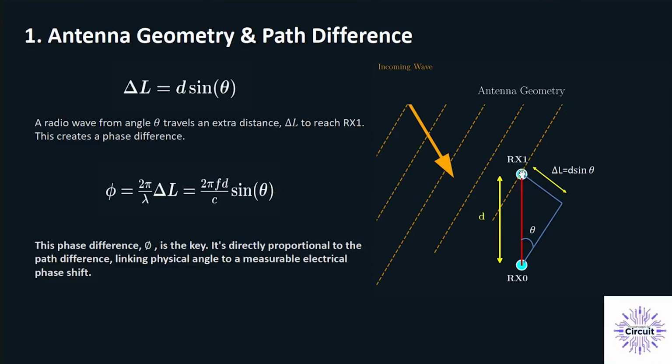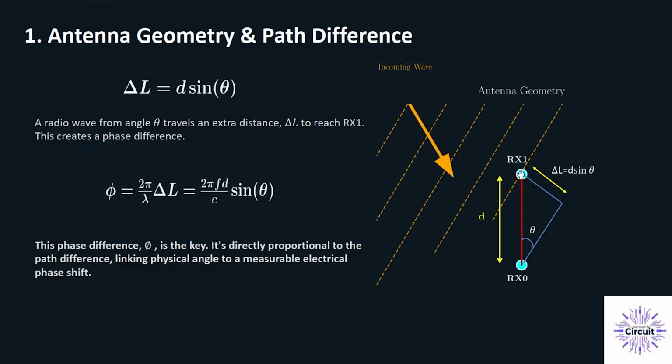And the time or the phase at which these plane waves are received at RX1 and RX0 can give us some intuition of the angle of arrival. How? Assume that this plane is at RX1 and we draw another parallel line with this plane and we name this angle theta, which is the angle of arrival.